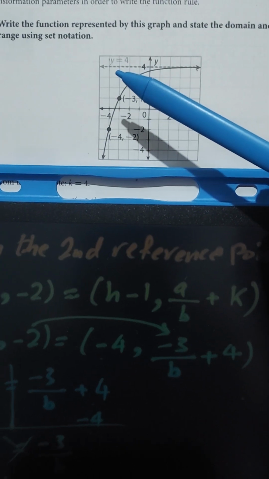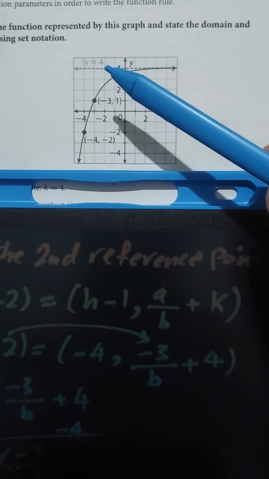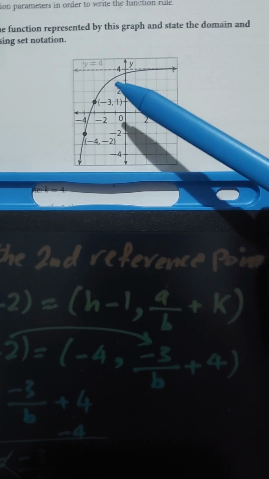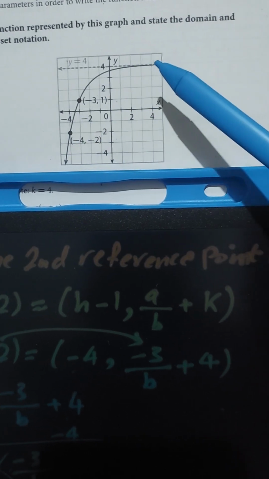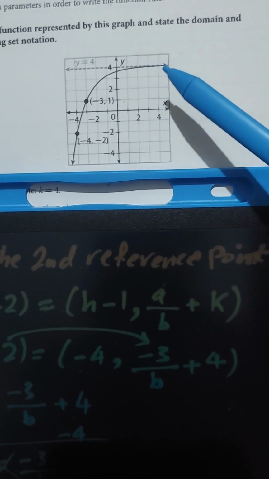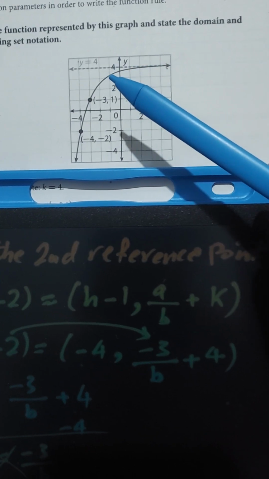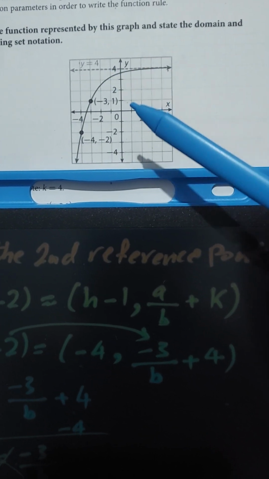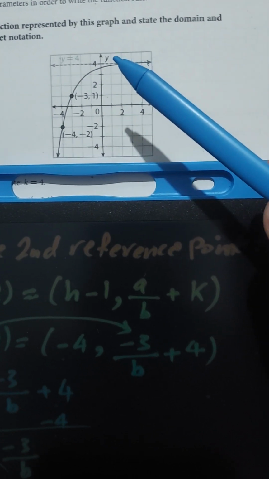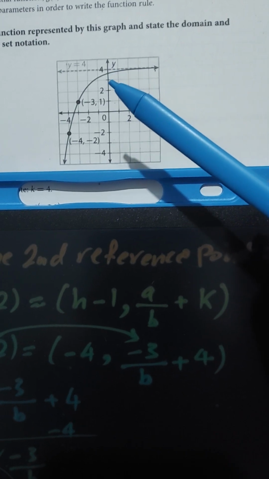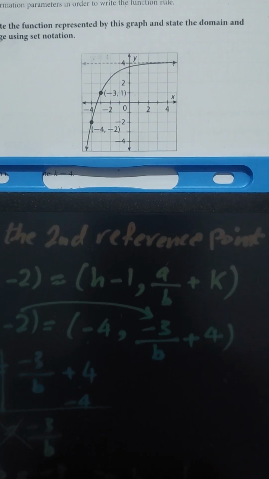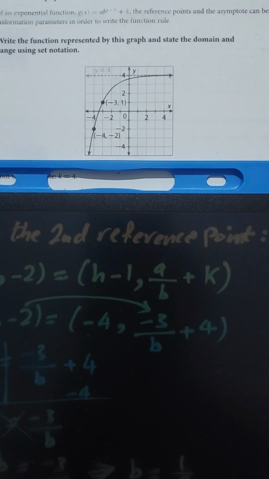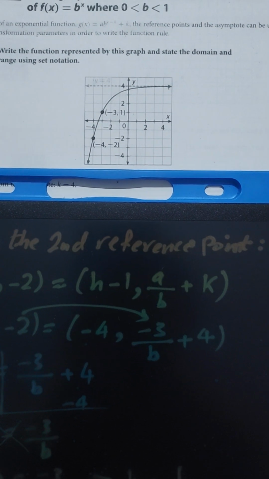The asymptote shown on the graph is y equals 4. The graph does not touch the asymptote, but comes very close. So y is smaller than 4 because all the values of y are going down from 4: 3, 2, 1, 0, -1, -2, -3. All the values of y are below y equals 4.